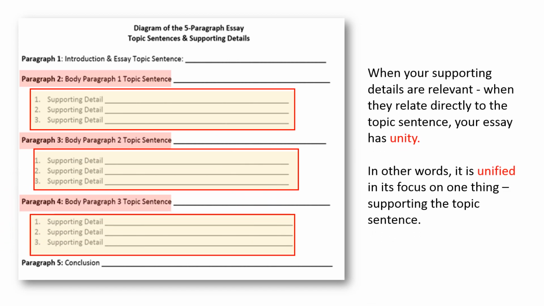When your supporting details are relevant, when they relate directly to the topic sentence, your essay will have unity. In other words, it's unified in its focus on one thing, supporting the topic sentence with relevant details.